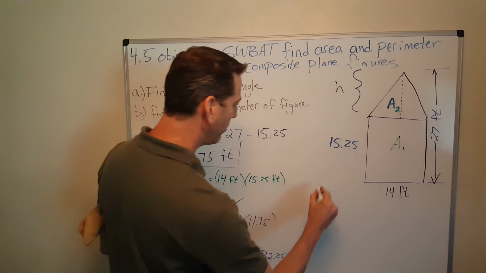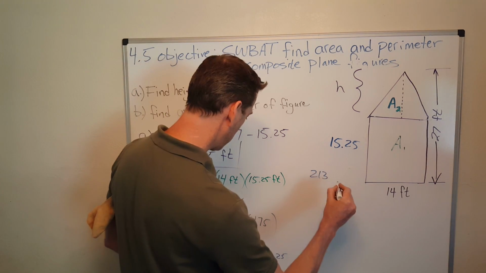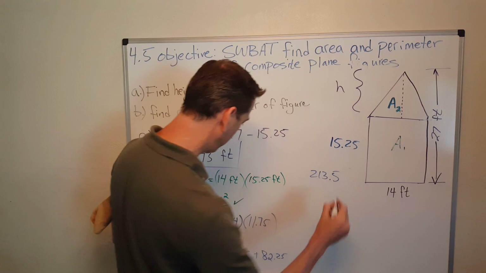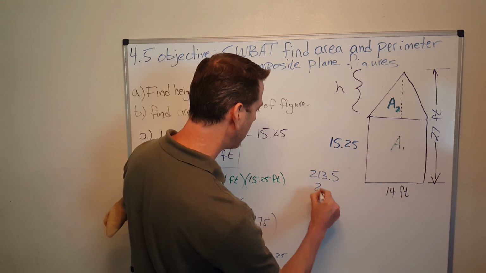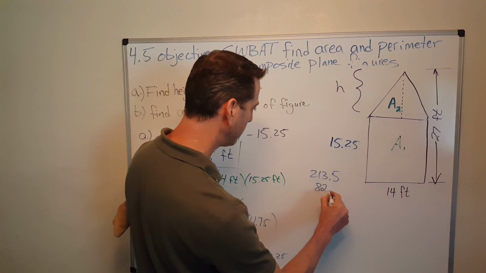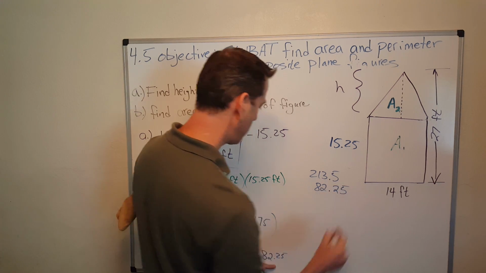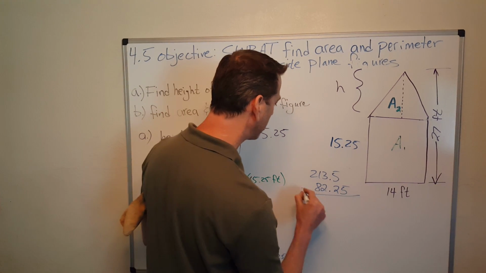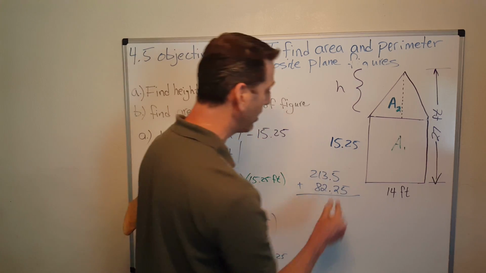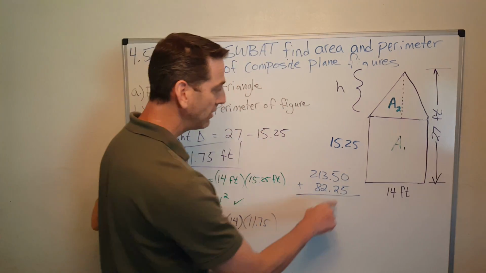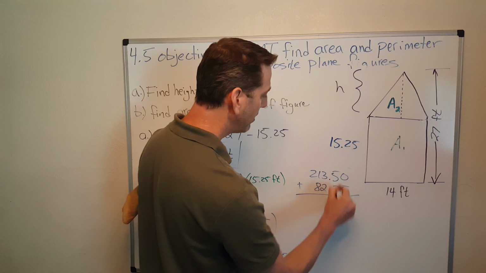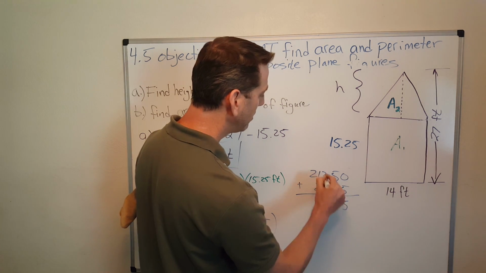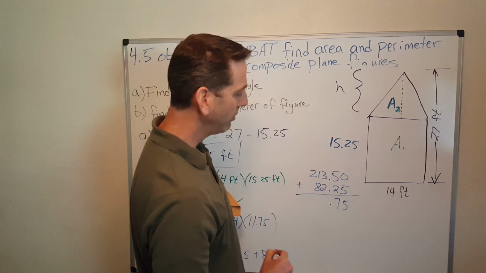So we got 213.50 plus 82.25. Obviously this would be faster if I had a calculator, but this is good practice. The key when you're adding or subtracting decimals is line everything up. So 0 plus 5 is 5. 5 plus 2 is 7. 2 plus 3, or 3 plus 2, is 5.